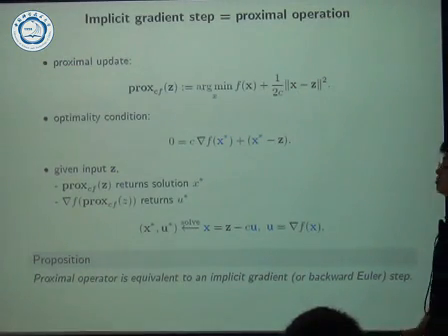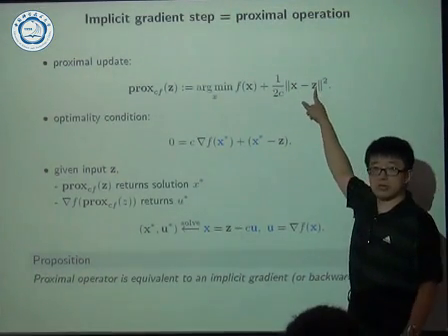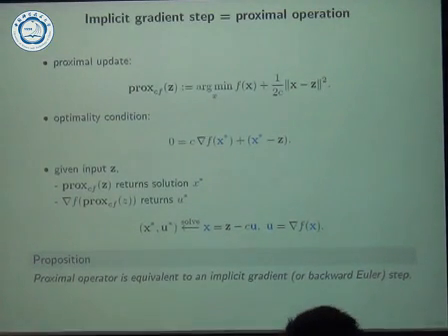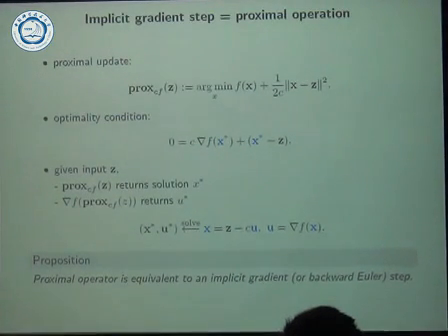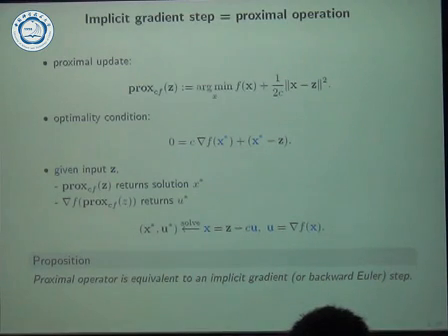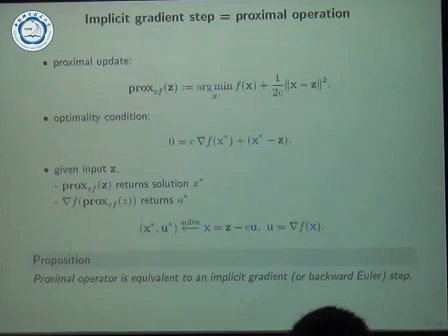Whenever you do an implicit update, you're minimizing this energy. You're ignoring the gradient at the current point. You directly add a quadratic to the function. You just use the function itself and add a quadratic everywhere to it. This is z, and it's still doing an upper approximation, but this approximation is different.